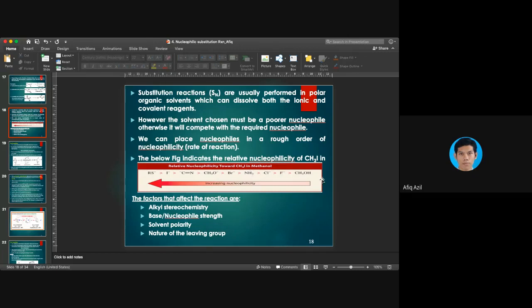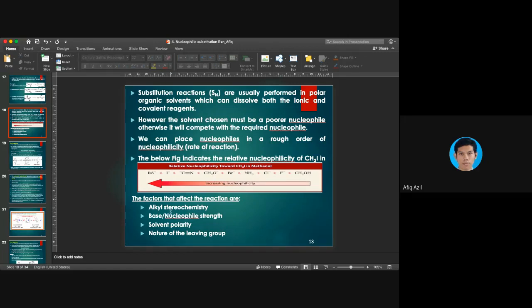These are all considered to be nucleophiles. The arrow pointing toward this side denotes that, for example, RS is the strongest nucleophile towards CH3I in methanol. R is an alkyl group, this is sulfur. R is any alkyl group; it can be CH3 or CH2CH3, and so on.